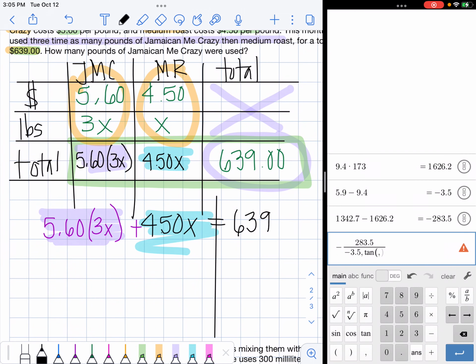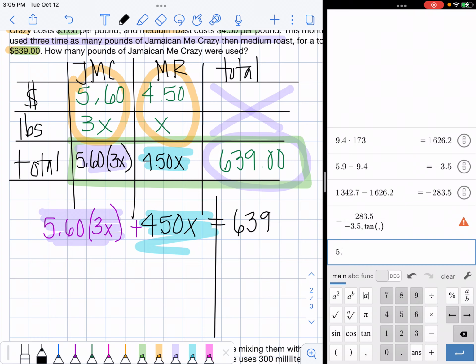So now I have to multiply to solve and get X on a side by itself. First thing I'm going to do is say 5.6 times 3 is going to give me 16.8X plus 4.5X equals 639. Now because these are both X's, I can combine together my like terms.